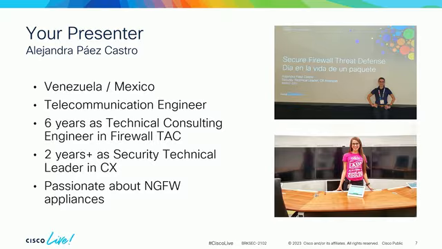My career journey within Cisco started more than 8 years ago, when I joined as a security technical engineer for the TAC team, specifically the firewall TAC team. Since then, I have been working on troubleshooting both the Cisco Secure Firewall ASA and the Cisco Secure Firewall Threat Defense devices. And based on this knowledge, nowadays I am a security technical leader within the CX organization.